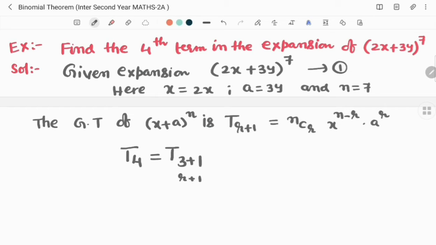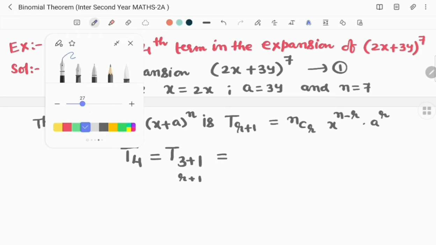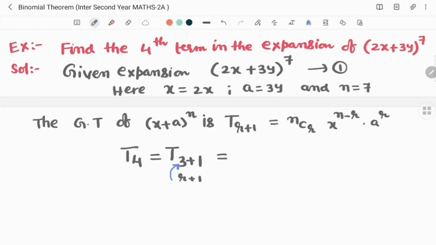You remember, r is equal to 3. So r indicates the r value. The n value is 7, already we wrote here. 7C3, in place of x, (2x) whole power 7 minus 3, n minus r, into a value is what? 3y. (3y) whole power r value, which is 3.